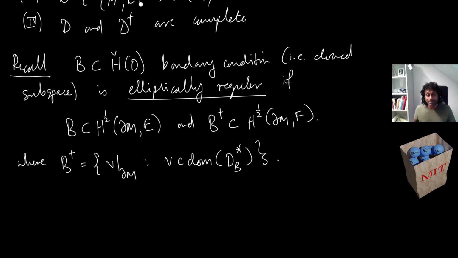So what it means to be elliptically regular is that both B and the adjoint boundary condition are both sitting in H half. So remember that this check space contains one piece in H half and one piece in H minus a half. And it does so non-trivially. And what this is now saying is that both B and its adjoint are sitting in H half.